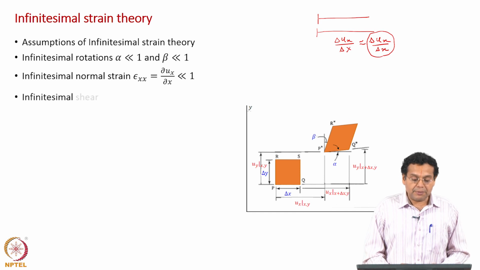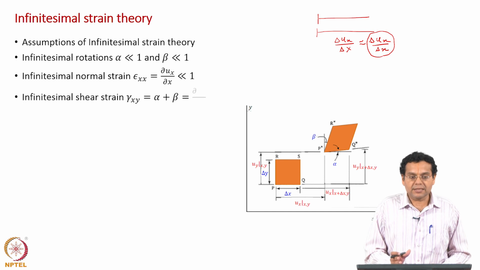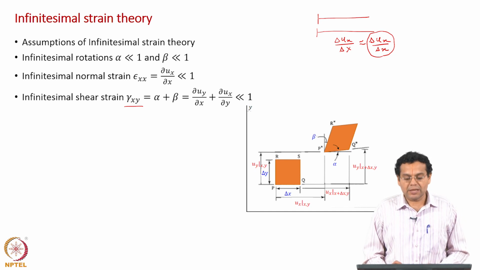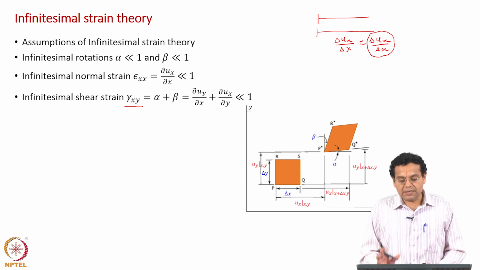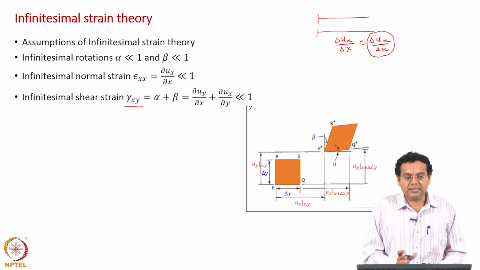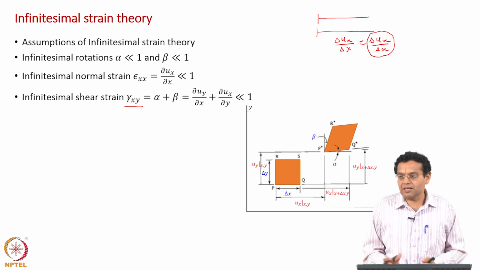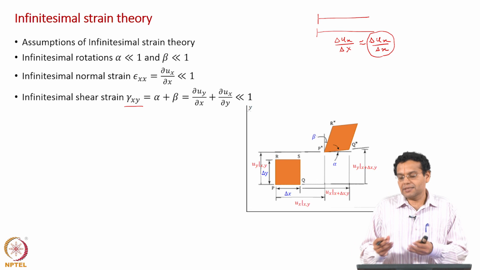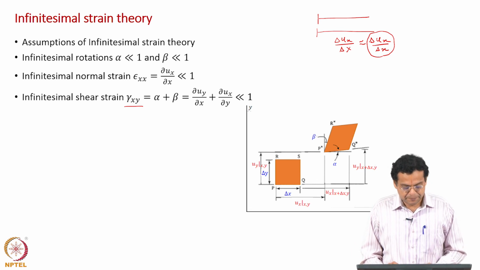And then because alpha is much less than 1 and beta is much less than 1, obviously the sum is also very much less than 1, which means that the shear strain is also much smaller than 1. Okay. So, this complete set of assumptions is called infinitesimal strain theory. So, all our discussions are within these assumptions, it is not a limitation at all for us, we can straight away apply all this to fluid mechanics, that we will see much later. Okay.